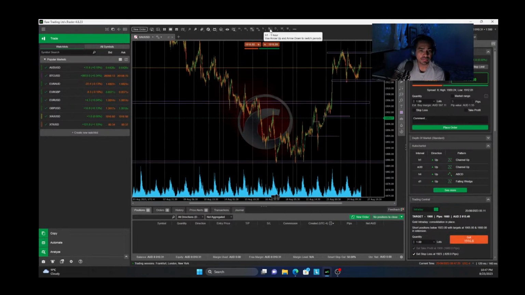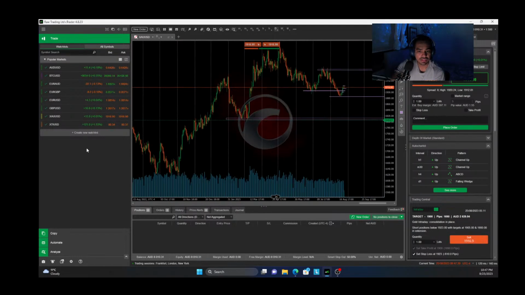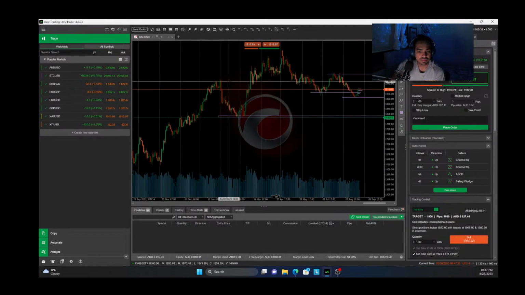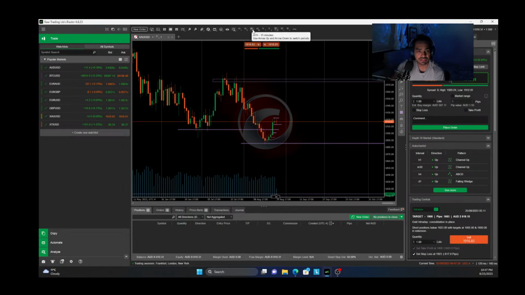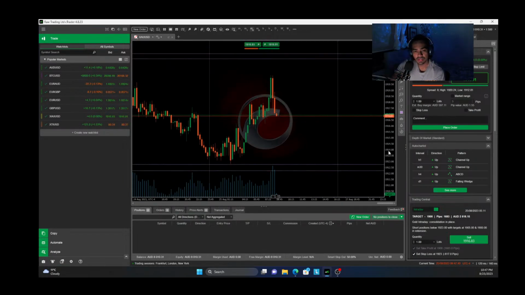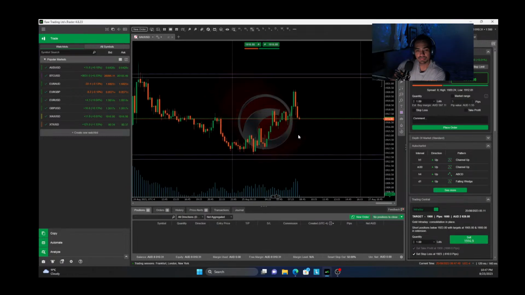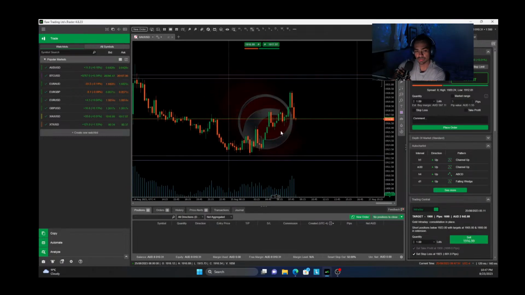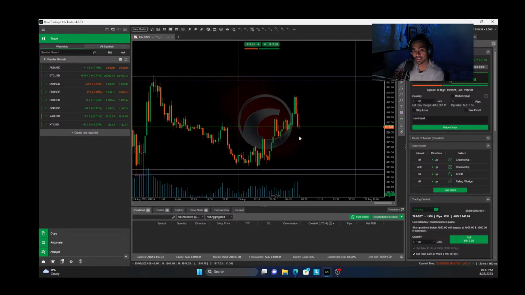So do we have anything on the left? Let's look. Yeah, price has been in the range yesterday between these two levels. So today's plan is to let price come to either support or resistance, then we're gonna take our trade by looking at the candles.